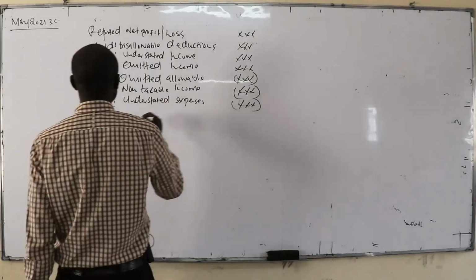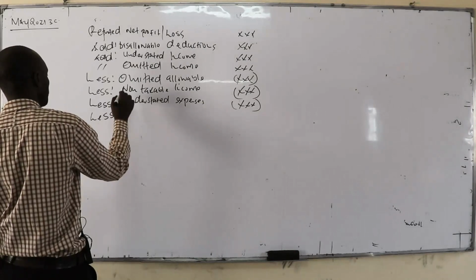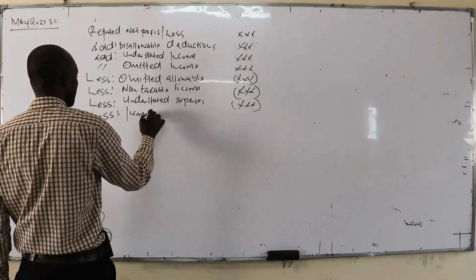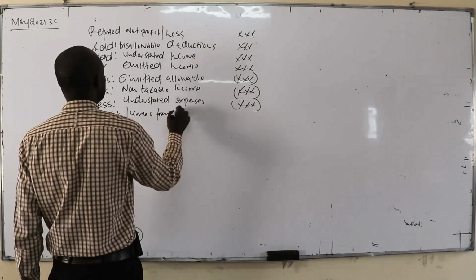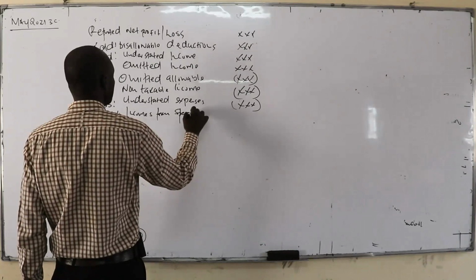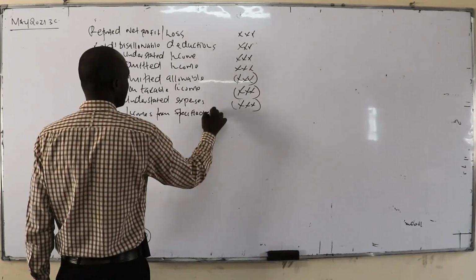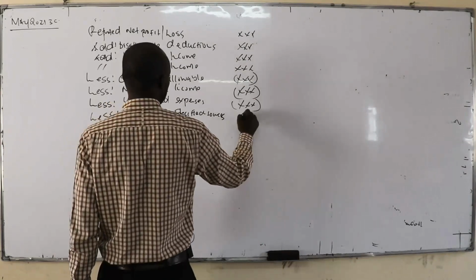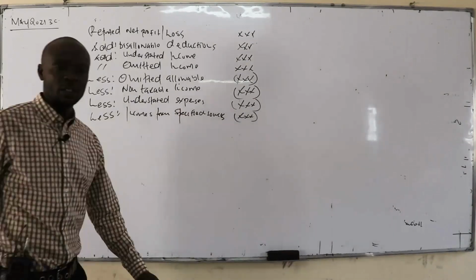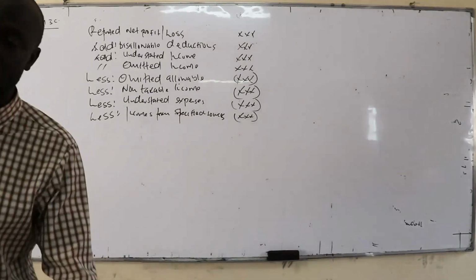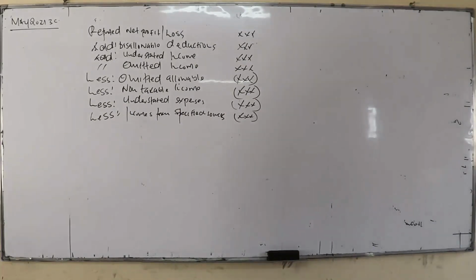And then you also less income from specified sources. What are these incomes from specified sources? If there is any other income that is taxed on its own and is combined together with business income, you eliminate it from business income.